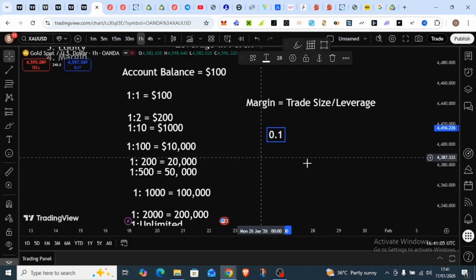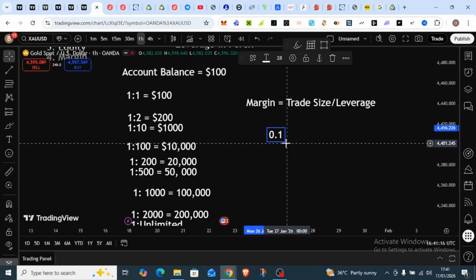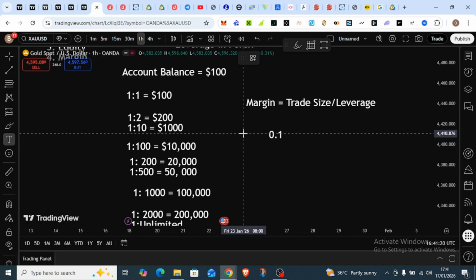So let's continue. Assuming we have analyzed charts, we know our stop loss, our entry points, and our take profit points, and came up with a lot size of 0.1.